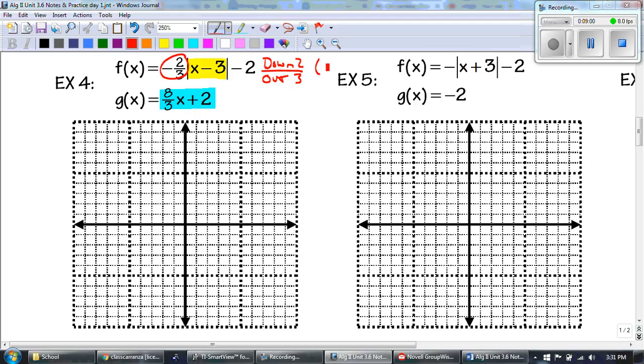And our vertex is the opposite of -3, and then the -2 stays the same. And then here our slope is up 8 over 3, and then we begin at 0, 2. So go ahead and pause the video and see if you can graph that on your own. Good luck.